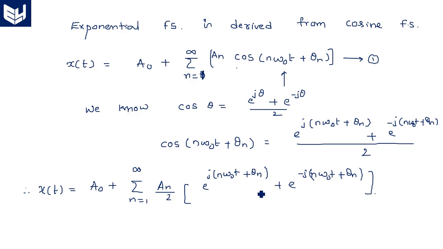Now after some modifications we will get the final notation. For these modifications, e power a plus b we can write as e power a into e power b, and we can split the terms accordingly.